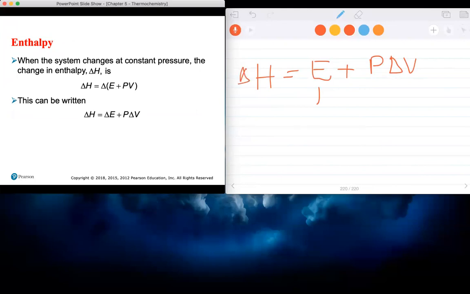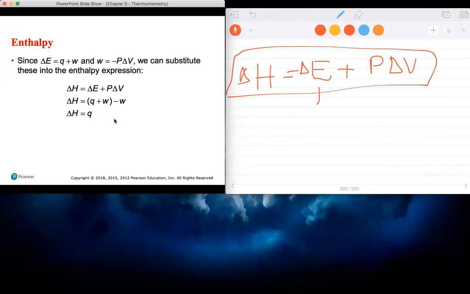I don't want to just spend time on how to calculate change in enthalpy using this equation, but what I want you to know is that in place of this we will be using Q. This is the same as Q. Look at this Q. It stands for the heat, so this means heat of reaction.